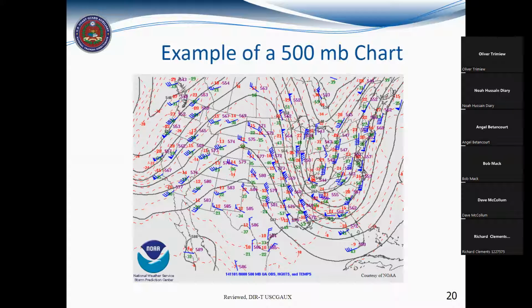And when the air sinks, it increases the pressure at the surface. So it's going to either reduce the amount of low pressure or increase the amount of high pressure. So as the air converges aloft, it pushes down right underneath it, and as it pushes down, it's going to cause higher pressure, maybe clearing skies.